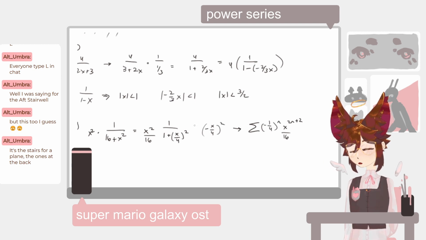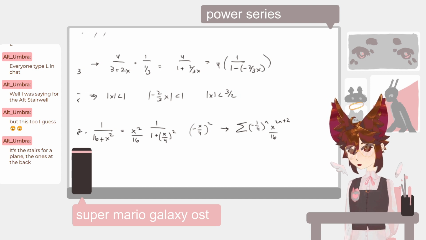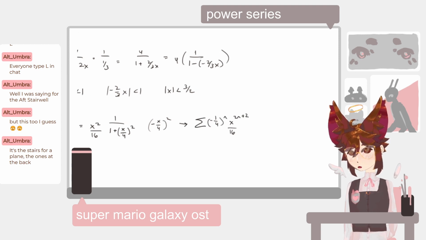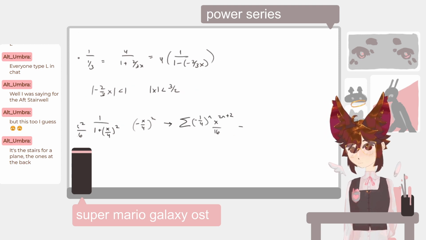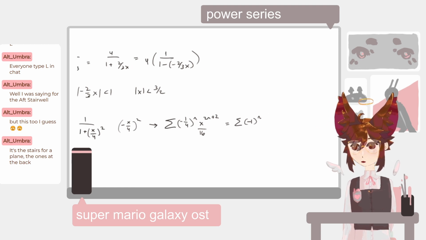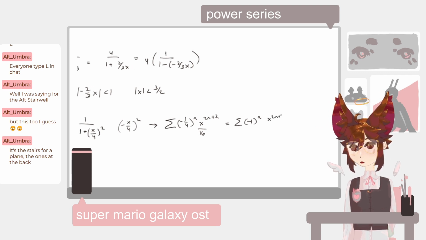Okay, there's some logic. Let's rewrite this a little bit. No, let's leave this. That should stay, because this can be rewritten as some extra things. We can pull out a negative 1 to the n. Our x to the 2n plus 2 is still strange.